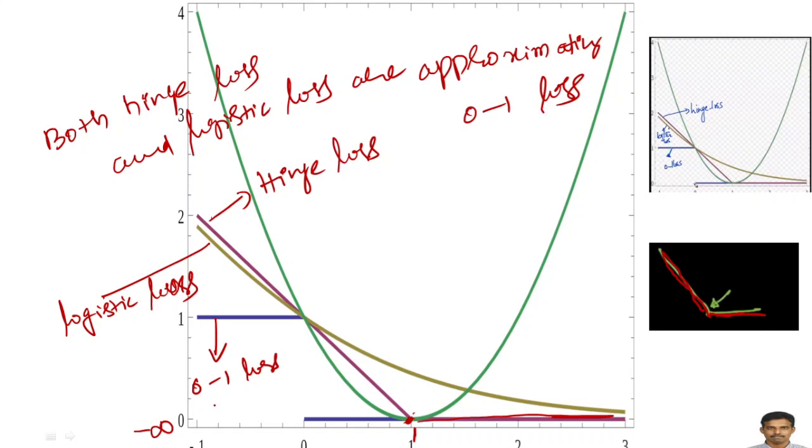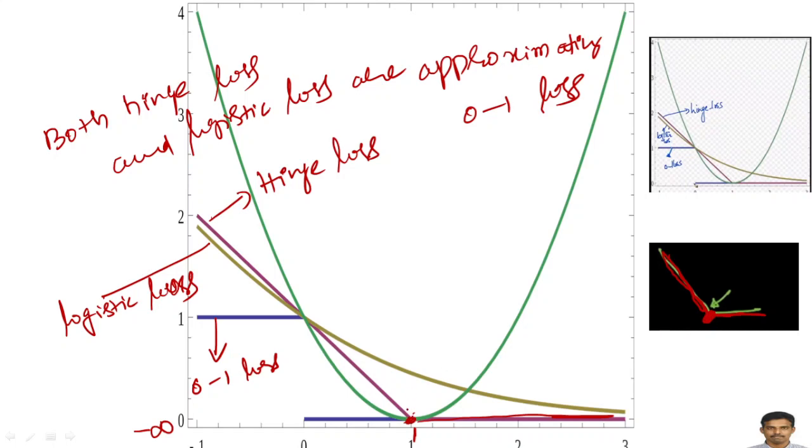Let's write down hinge loss. Hinge loss is a straight line from -infinity to 1, and after that it becomes 0. If you notice, the hinge loss is not differentiable at 1.